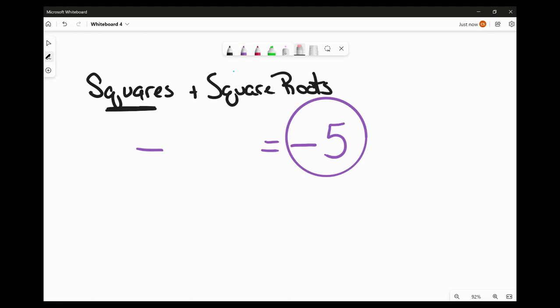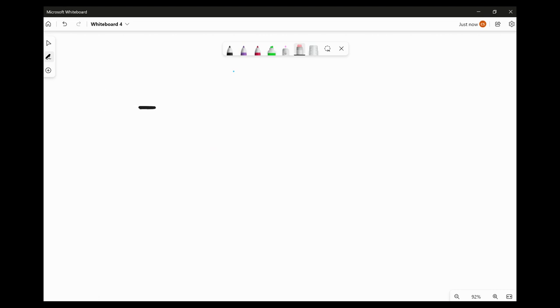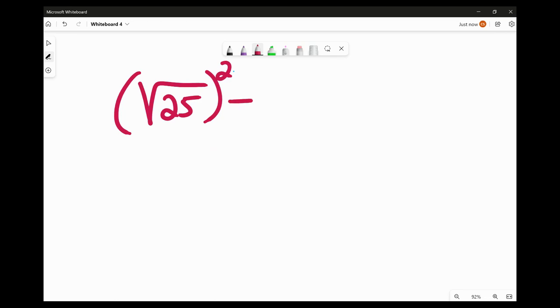So let's do a couple operations with squares and square roots. And I'm just going to write, let's say, the square root of 25, and I'm going to square that, minus 4. So let's say we have an operation like this. We're going to follow order of operations, which is PEMDAS, right?